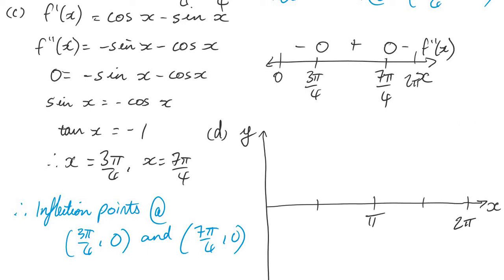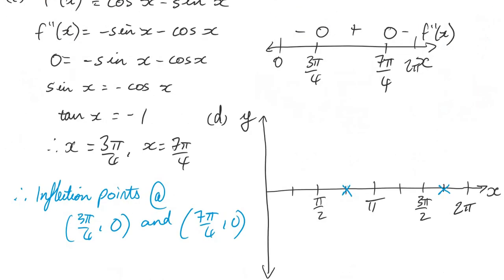We've got to plot x-intercepts at 3 pi on 4 and 7 pi on 4. Okay, 3 pi on 4, 4 pi on 4, 5, 6, 7 pi on 4. We have to plot a y-intercept at 0, 1.